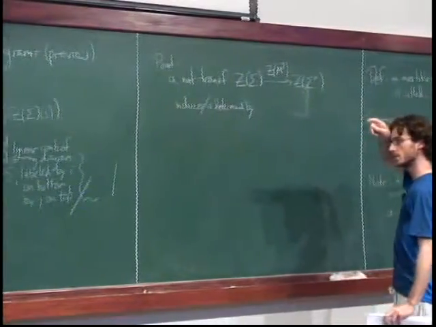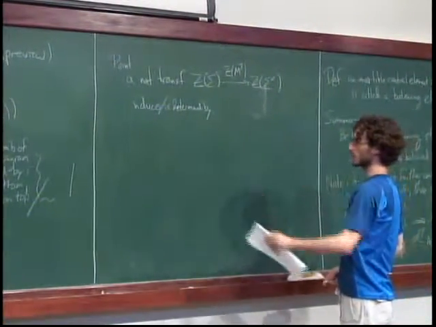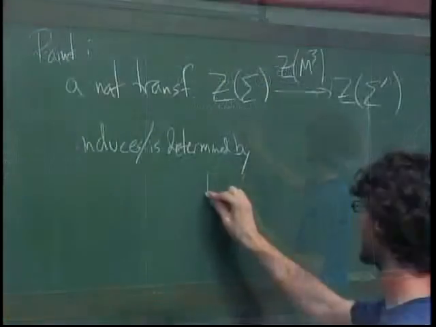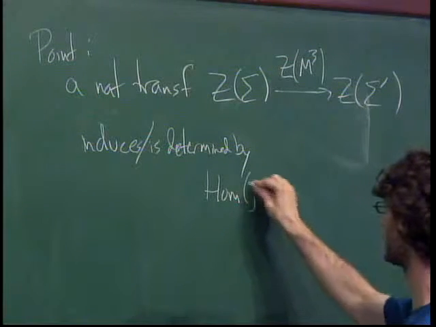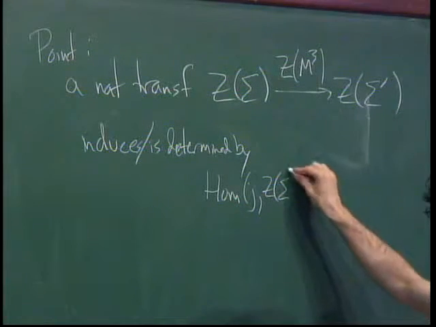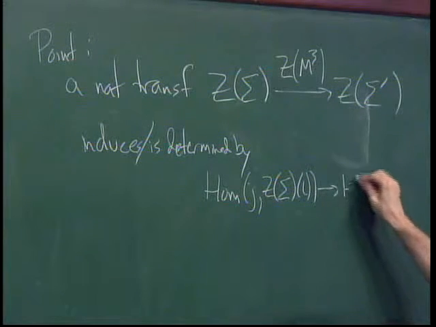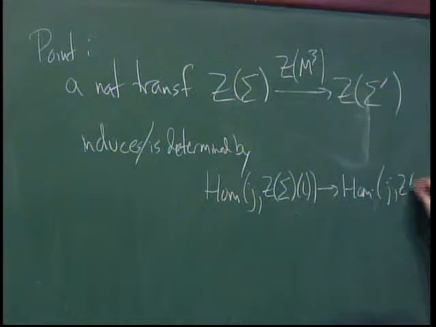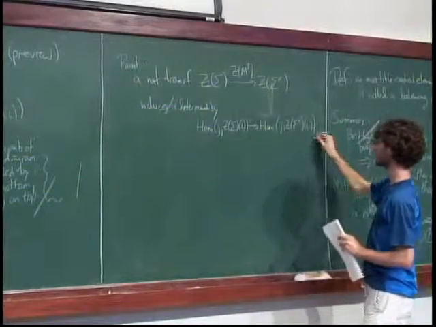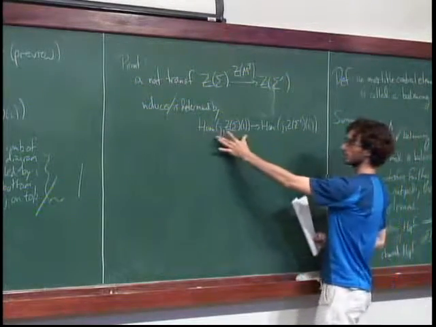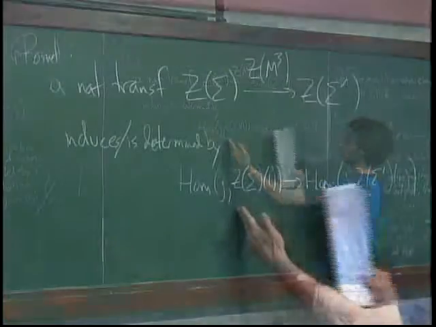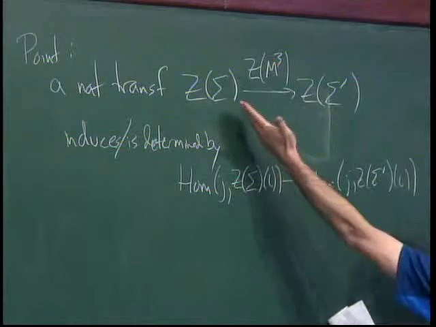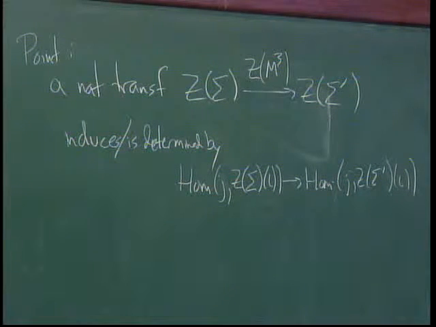So for simplicity, let me suppose that they both just have one incoming and one outgoing vector space, so then I can just write that they're induced by these maps from Hom_J Z of sigma of I to Hom_J Z of sigma prime of I. I told you that these vector spaces encode these functors, and a natural transformation induces a map of these vector spaces, and a map of these vector spaces completely determines a natural transformation.